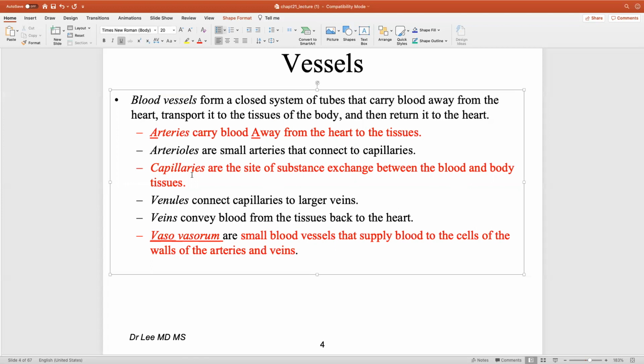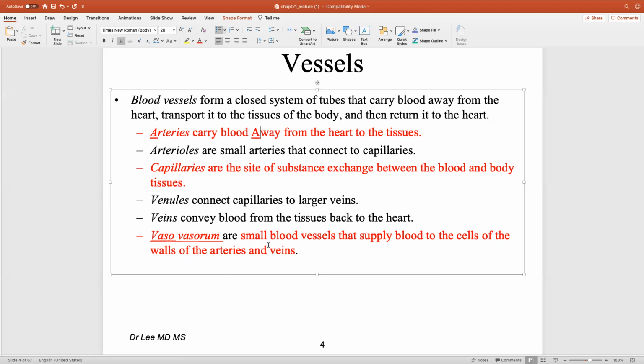The capillaries then immediately drain into venules, and many venules drain into fewer and fewer veins. Eventually all blood drains into the superior vena cava, the inferior vena cava, or the coronary sinus and enters the right atrium.